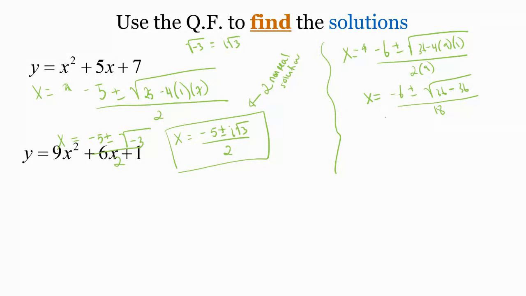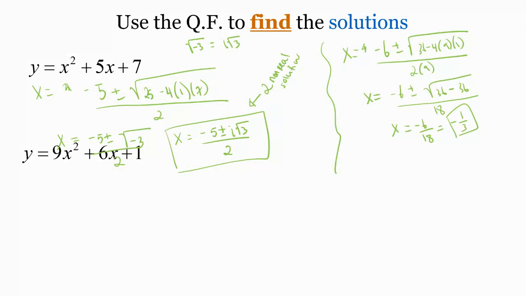This is just 0. So you've got x equals -6 over 18, which is just going to be -1/3. So here I had one real solution, and one real rational solution.